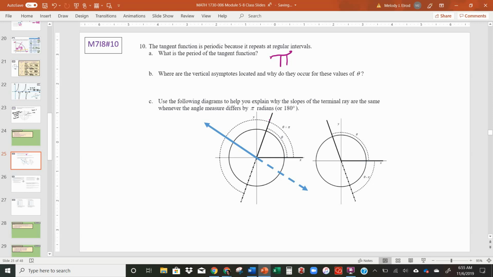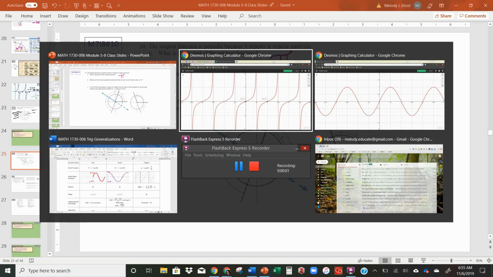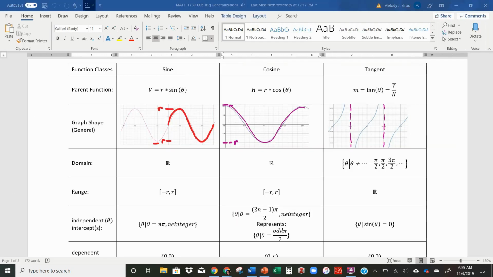We also already discussed where those vertical asymptotes are located and why they occur for these values of theta. Section 8, we technically have not talked about that yet, but you had that as your prep work for today, and we will sum that up tomorrow in class. If you are looking for some easy notation for that, you can look right here.